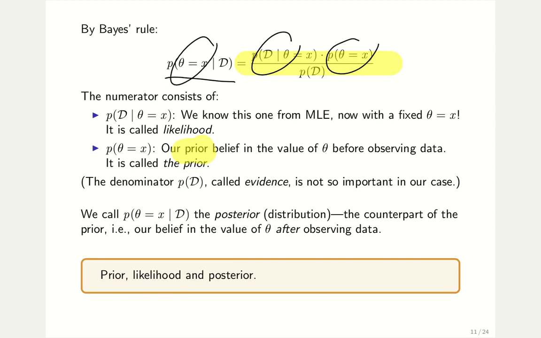They are connected by Bayes' rule. Okay. And the prior is our belief in what theta looks like before we observe data. And after we observe data, the posterior is our updated belief in what theta looks like. Okay? And this will turn out to be useful to prevent the overfitting.